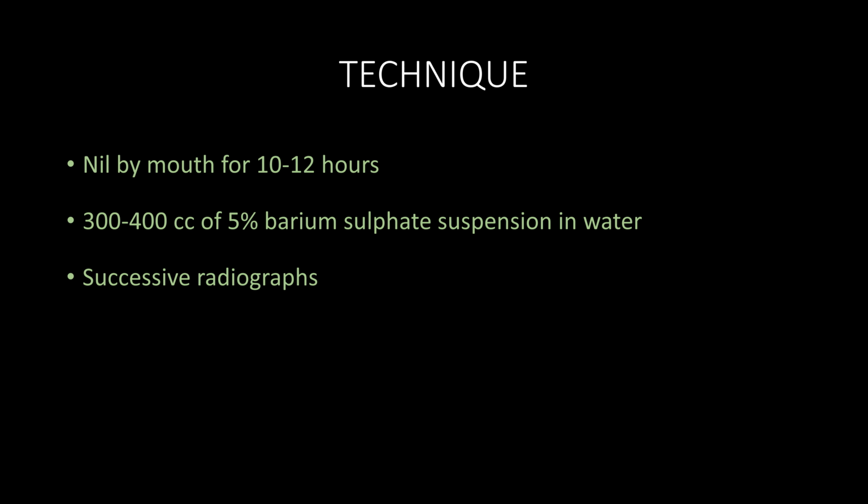The barium reaches the ileocecal region in 3 to 4 hours. It reaches the hepatic flexure in 6 hours, splenic flexure in about 9 hours, descending colon in 11 hours, sigmoid colon in 16 hours, and is usually evacuated in 16 to 24 hours.